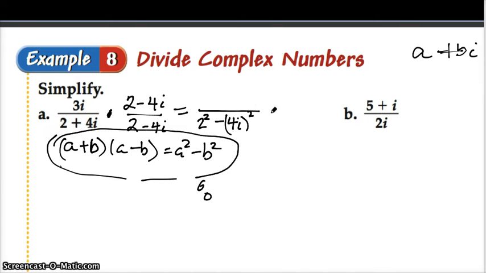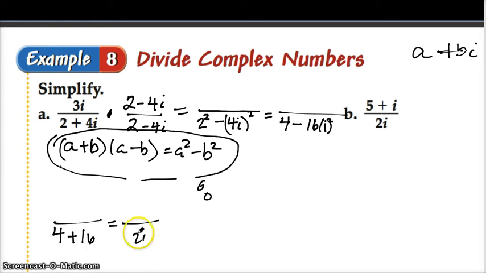And if I do that math, I get 4 minus 4i times 4i is a minus 16i squared. i squared in this case is going to make it negative. So 4 minus 16 times a negative 1 is really a positive 16. 4 plus 16 is my denominator. And so my denominator at the end of all this will be 20, right?